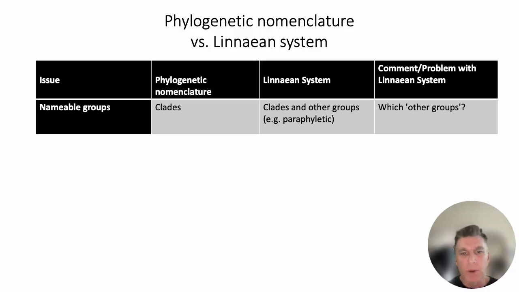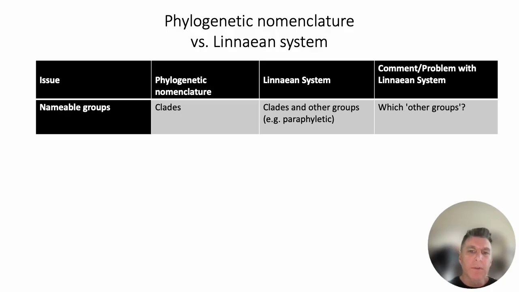Even after evolution was recognized, though, you could still name groups that included groups outside of some particular clade, or that excluded parts of a clade. And this is where your old-timey reptilia comes in, right? Where reptilia is all the things that we commonly think of as reptiles, but not the birds. That would be this paraphyletic group that no one recognizes now.